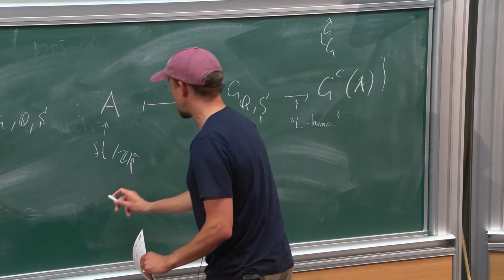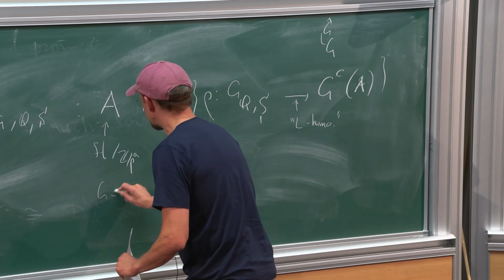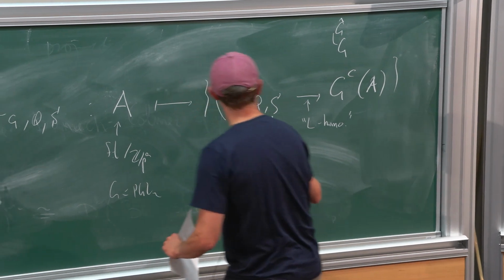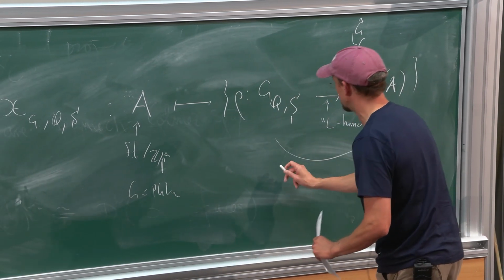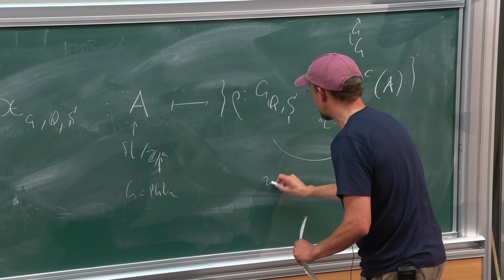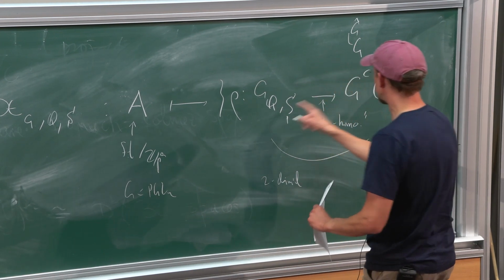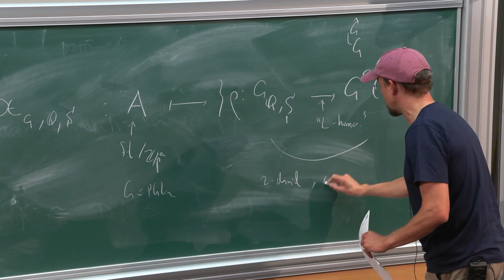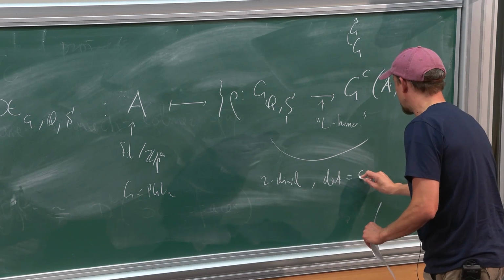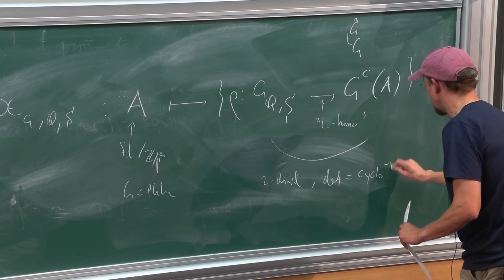So just to say, if G equals PGL2, then this condition is asking that you have a two-dimensional representation and you want the determinant to be inverse cyclo.